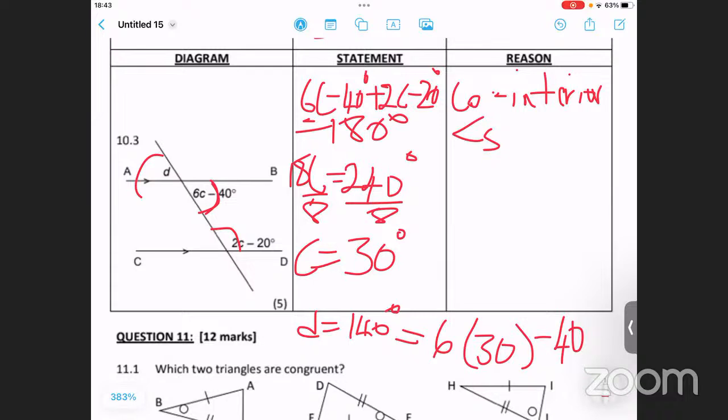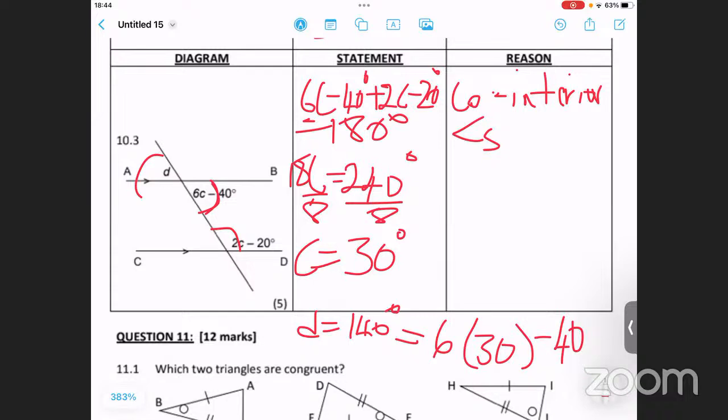Now we sort the letters on one side and the numbers on the other side, which was 6C plus 2C is equal to 180 plus 20 plus 40 degrees. And 8C is equal to 240. We divide both sides by 8 to get the value of C, because we don't want the value of 8C, but we want the value of just 1C, and our C is equal to 30.